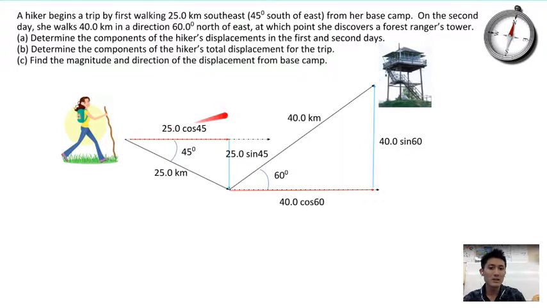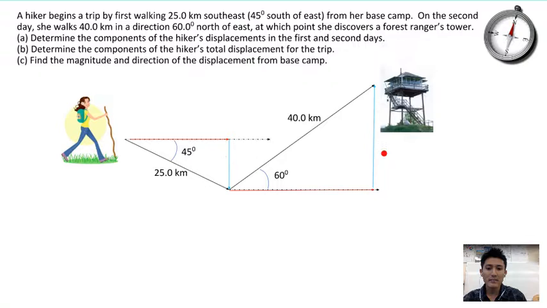Remember that the ultimate goal is to get the direction and magnitude of the displacement from base camp all the way to the tower. These are our x and y components for day 1 and day 2. You can try to calculate that real quick in your calculator. You can pause it right here and then check your work.